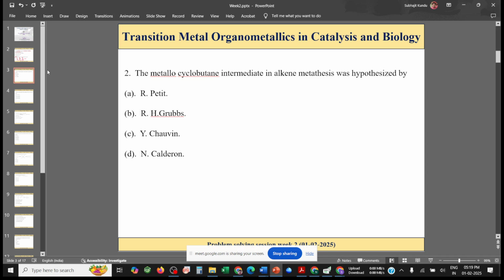It says that if you have an alkene A=B, and an alkene C=D, this will undergo the metathesis reaction to give A=C plus B=D.